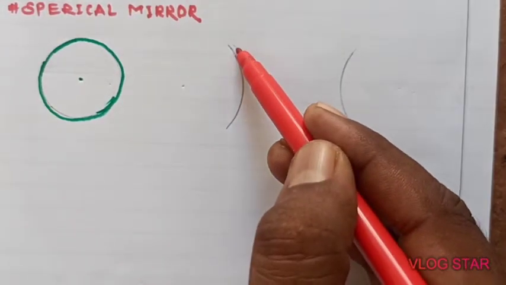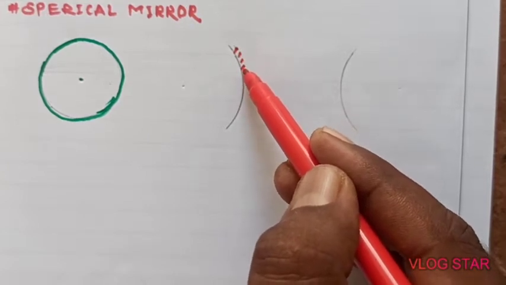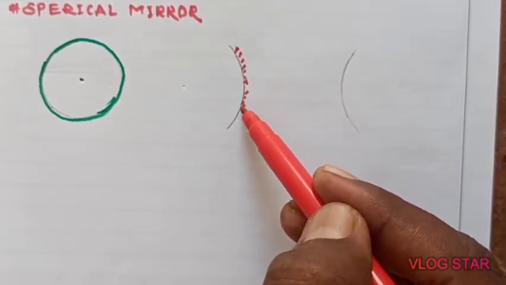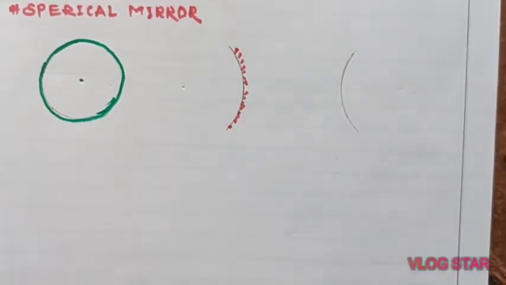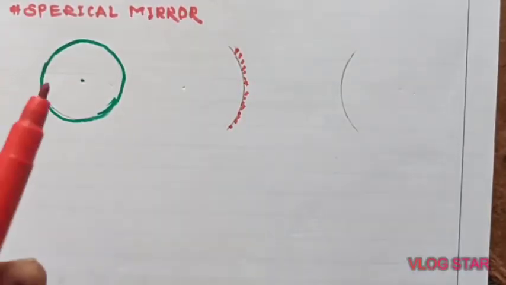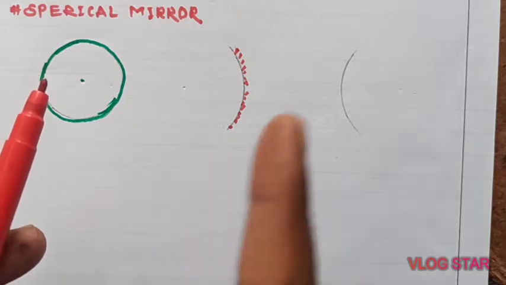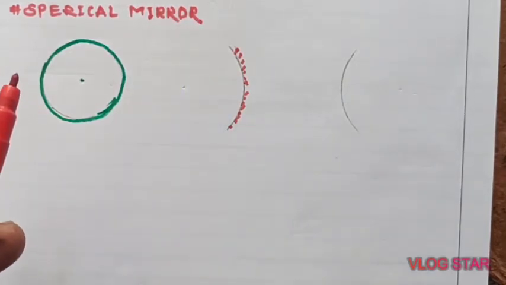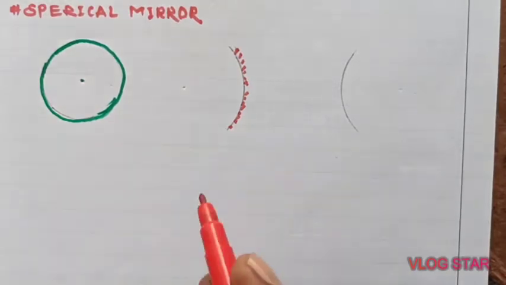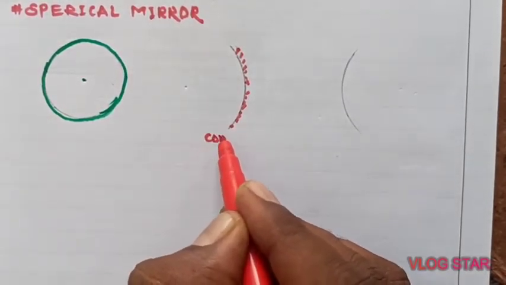Suppose one side is coated with silver color, which means the front side is the reflecting side. In that case we will say this is a concave mirror.